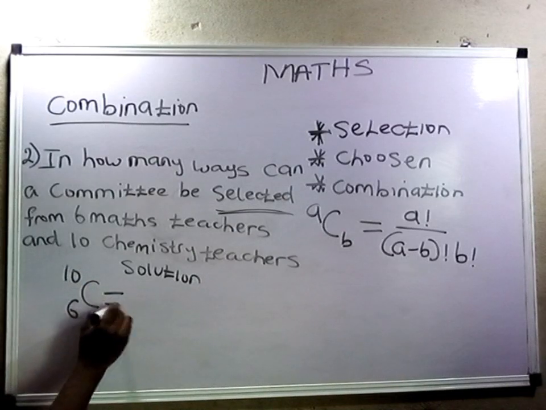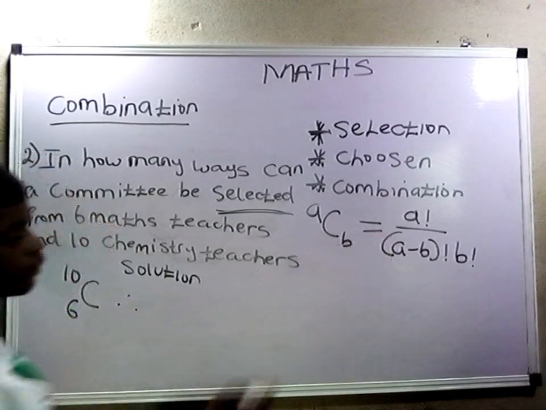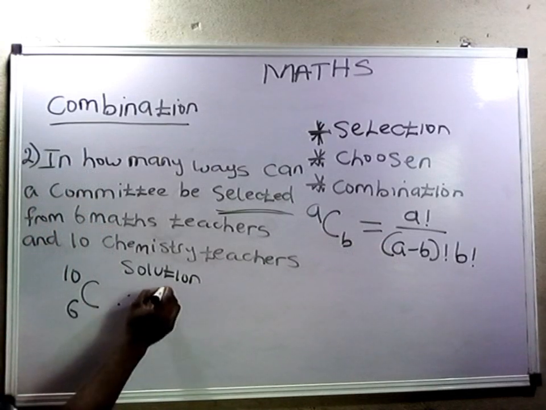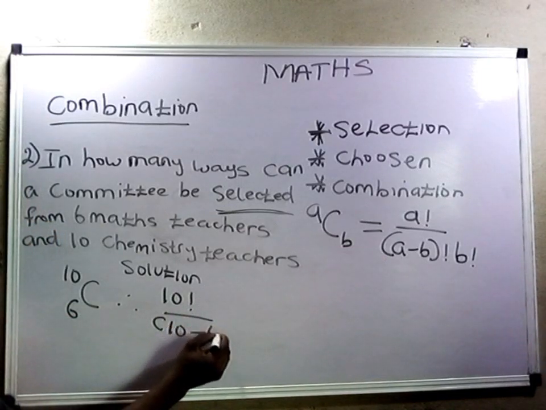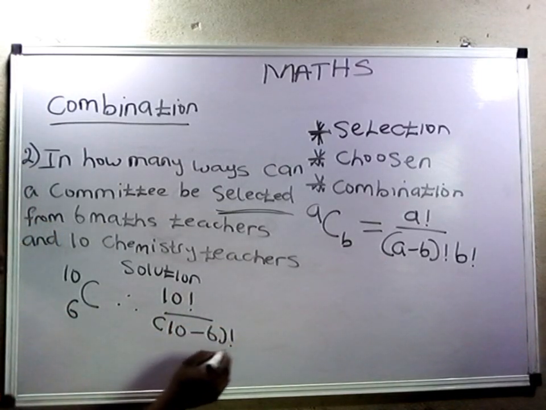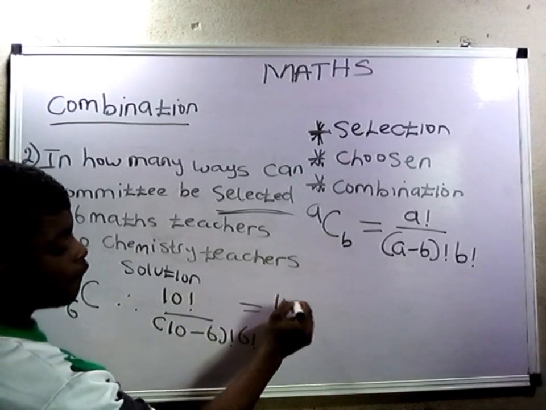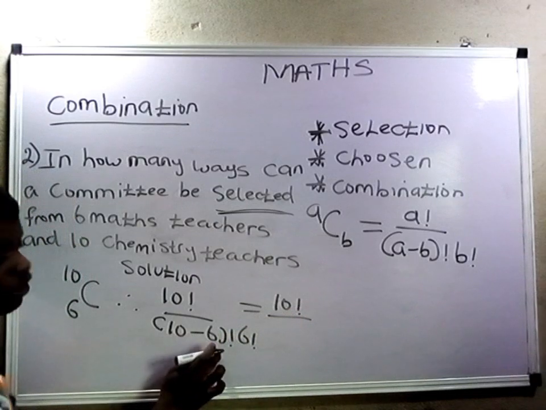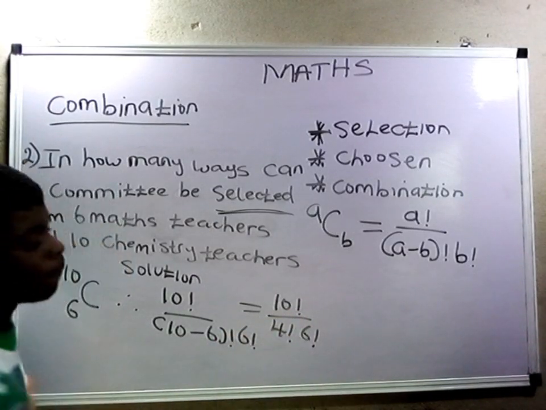Applying the method I gave earlier, we have 10 factorial over open bracket 10 minus 6 factorial, then 6 factorial. That is 10 factorial over 4 factorial times 6 factorial.